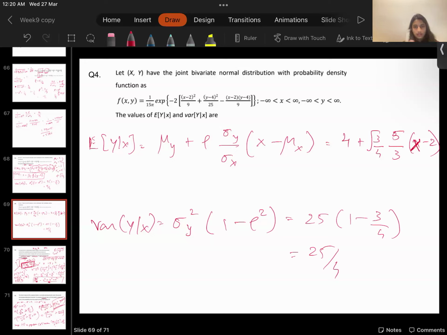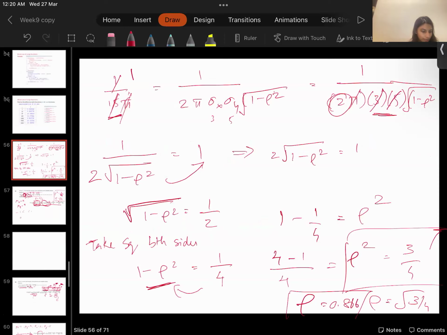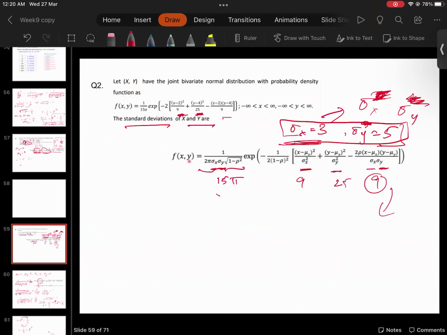Madam, what about the second one? Standard deviations. Oh, that we saw already. You just have to compare the formula.